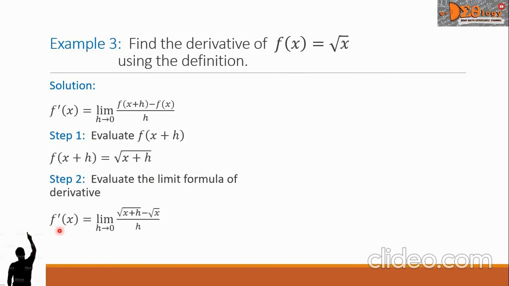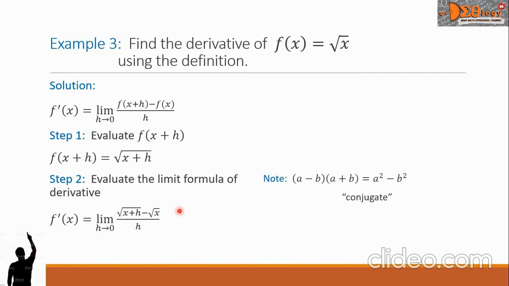So we have now f prime of x equals the limit of the square root of the quantity x plus h minus the square root of x all over h as h approaches 0. Let us now simplify our fraction here.